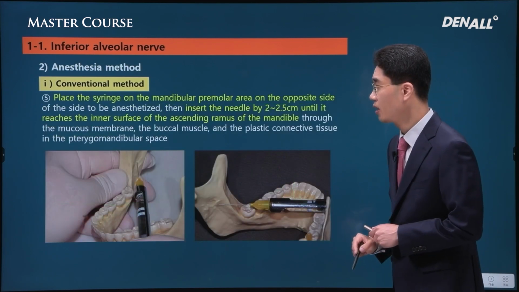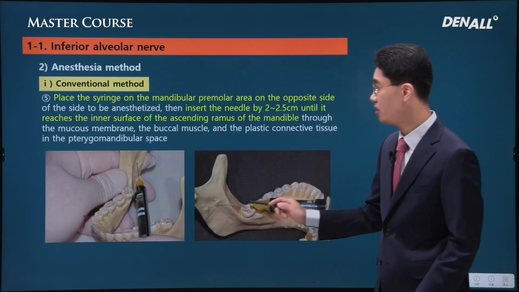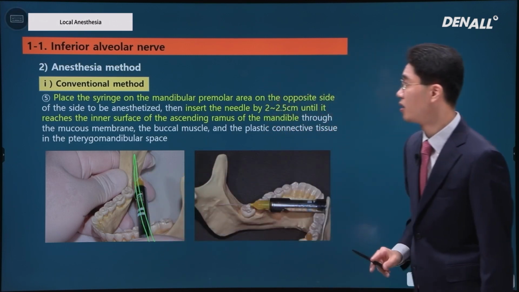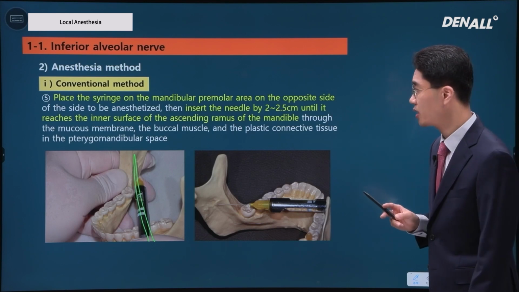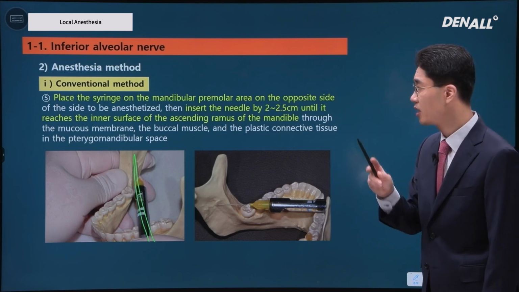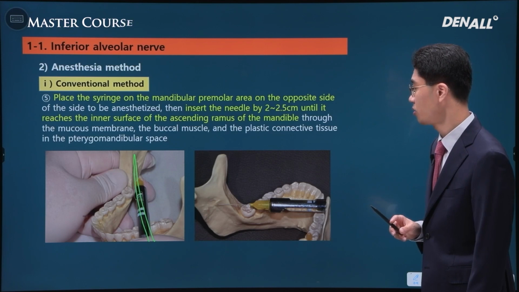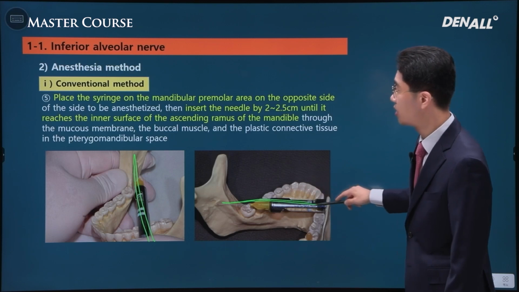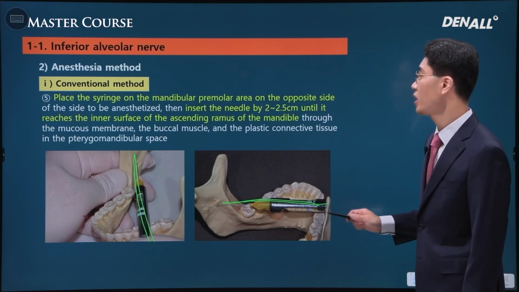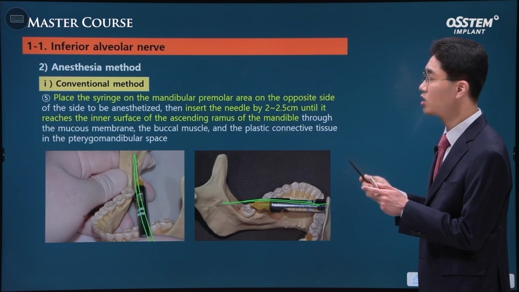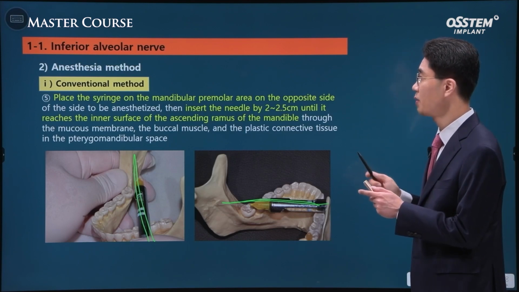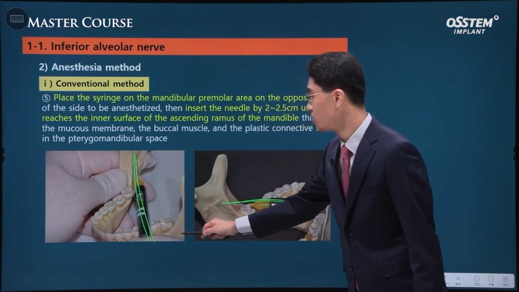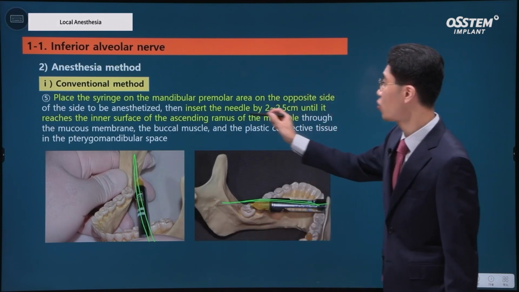If you look at a different image as shown, in this direction, the inferior alveolar nerve runs, and towards the mandibular foramen, injection is made. Let's look at it from a different angle. When we directly perform block anesthesia on the inferior alveolar nerve, place the syringe in the mandibular premolar area on the opposite side of where it's going to be injected with anesthesia.